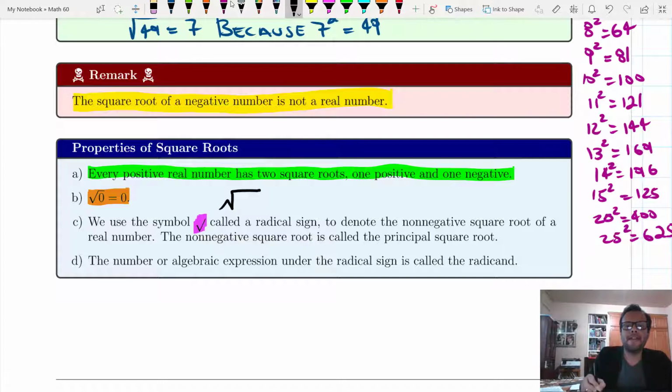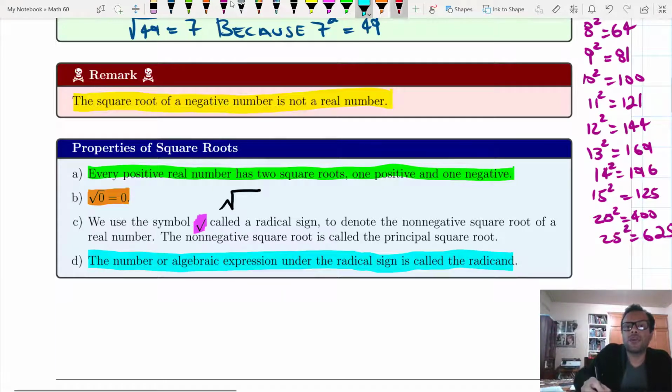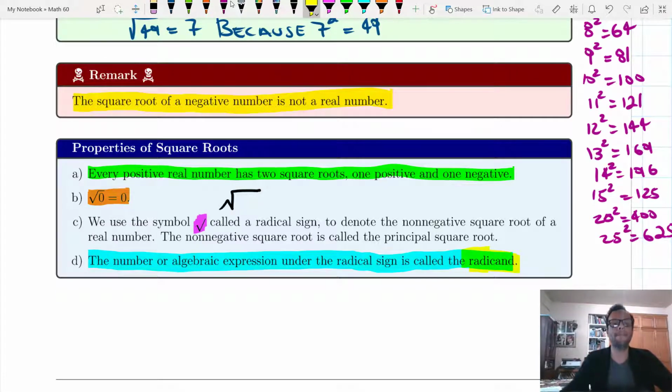And the number or algebraic expression under the radical sign is called the radicand.